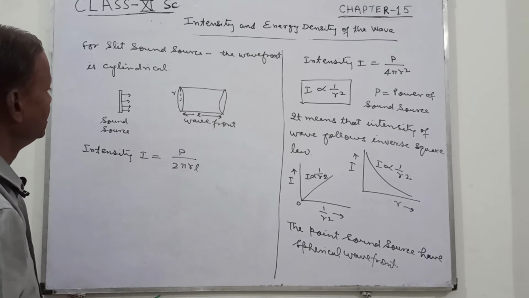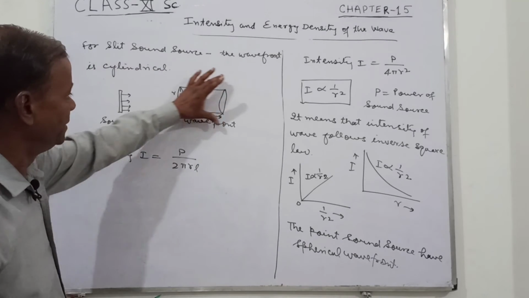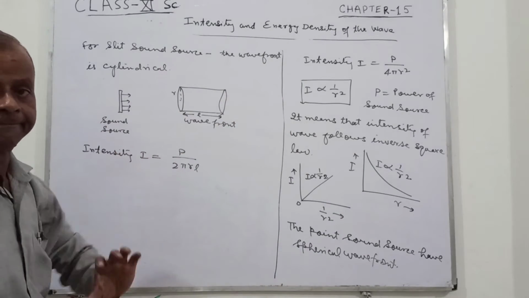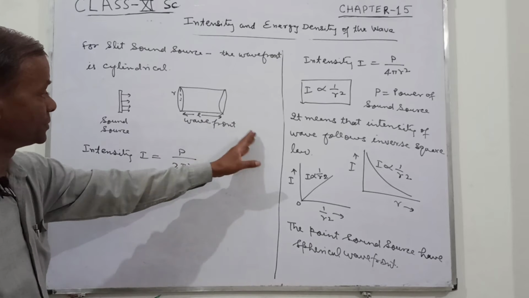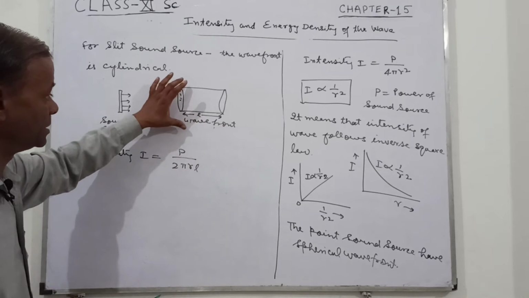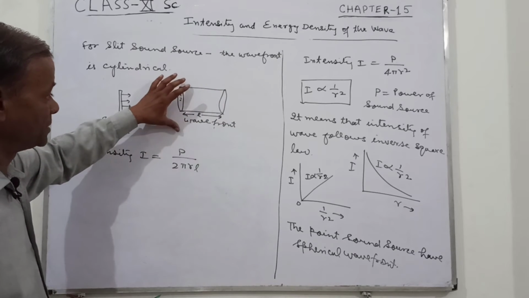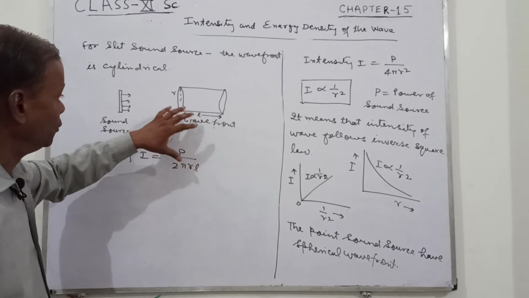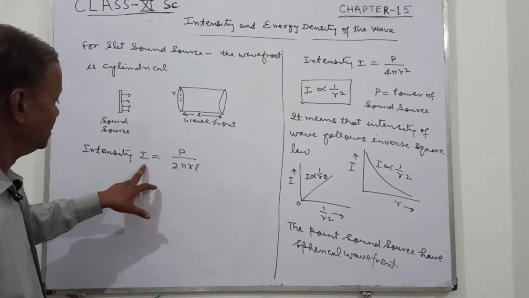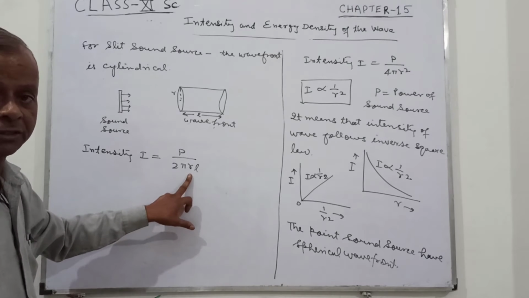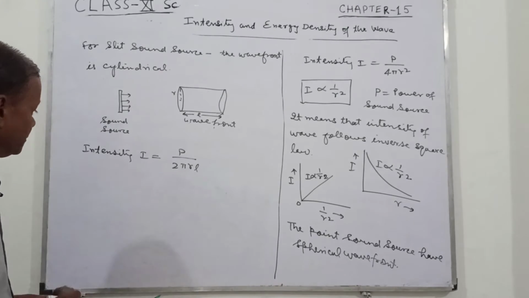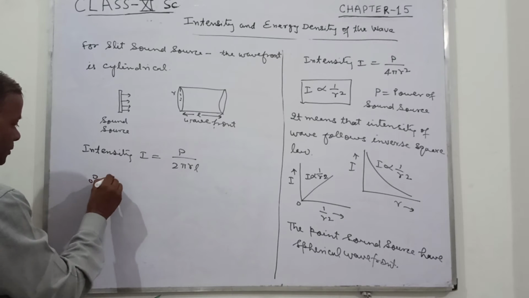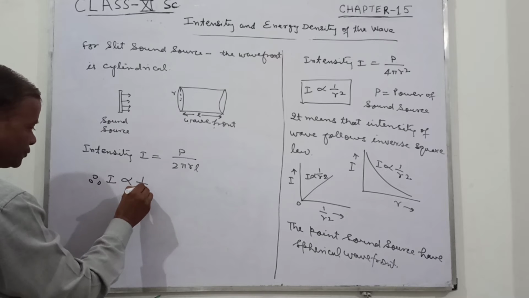Now as this sound wave spreads, this r will go on increasing, while in this case the length of this cylinder, that will be the distance traveled by the wave, will be constant. So only here we are having that this intensity is proportional to 1 upon r. Therefore intensity I is proportional to 1 upon r.